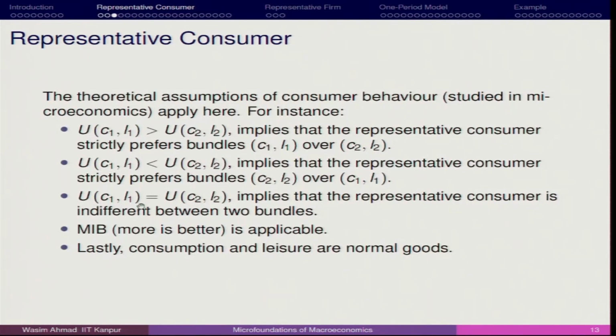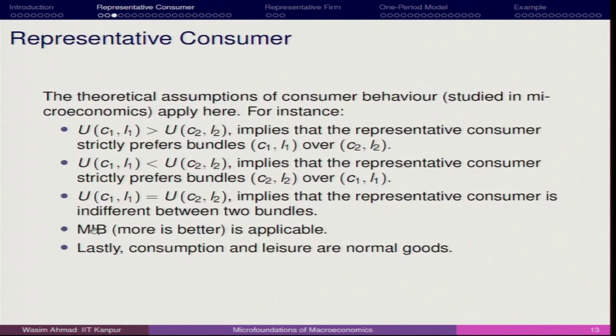For me, what is important is at what level of consumption and leisure a bundle makes the representative consumer indifferent. So, U(C1, L1) is equal to U(C2, L2), and that shows that the representative consumer is indifferent between these two bundles, which means that whether he has bundle (C1, L1) or bundle (C2, L2), both are going to give the same level of utility.